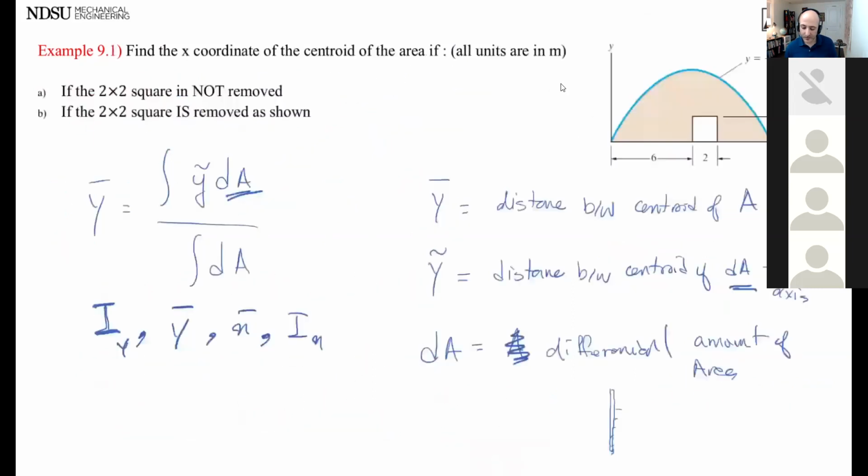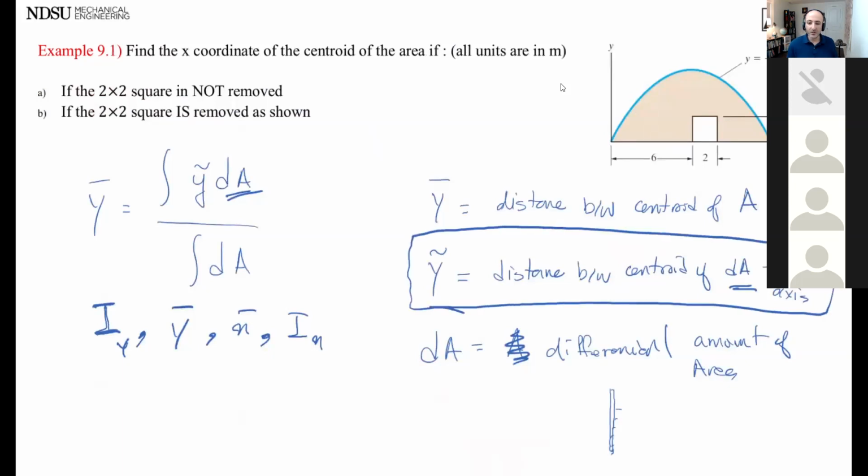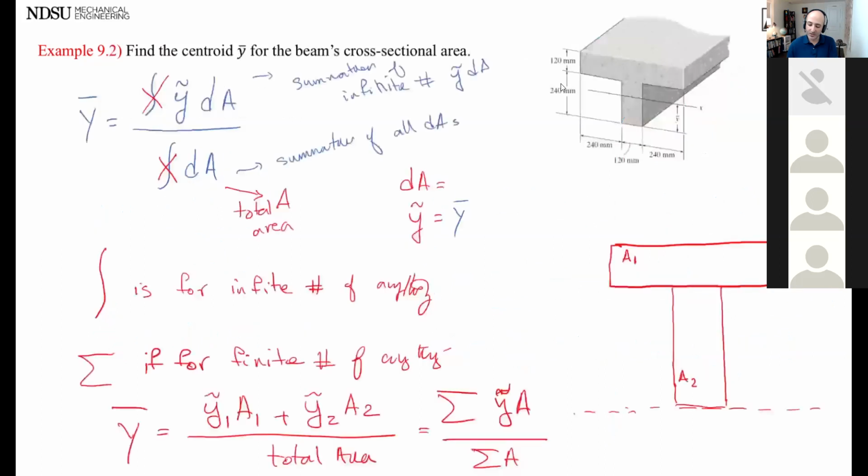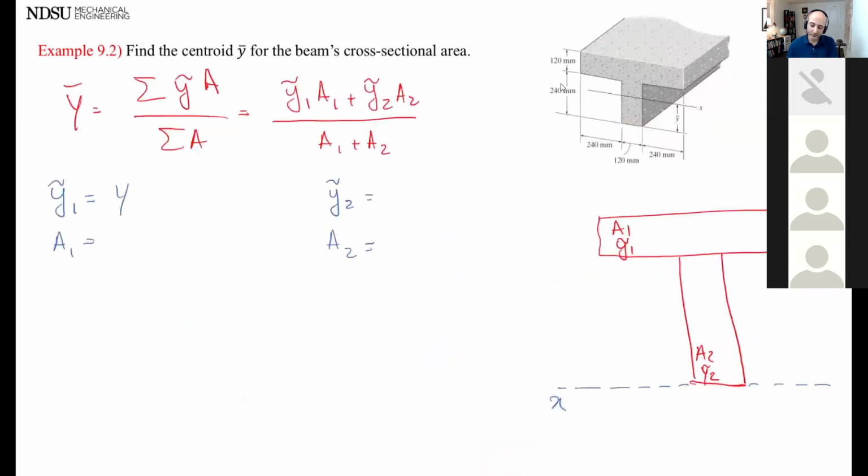So what I want everyone to do is read this sentence. Okay. Y tilde is the distance between the centroid of that little sliver of area to my x-axis. Here I'm dealing with a sliver of area. So now who can tell me in this equation what is Y tilde?